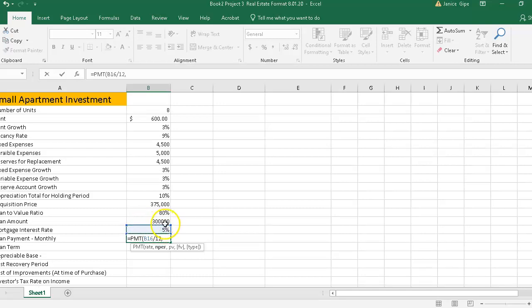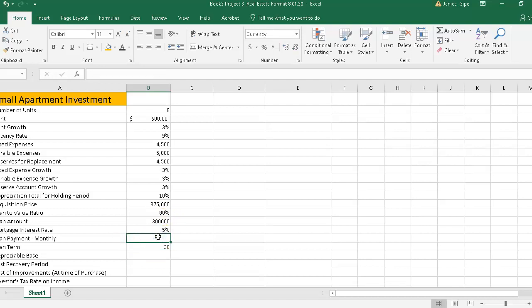And the term, the loan term is 30 years times 12 months in the year, and the present value of the loan amount, close parentheses.